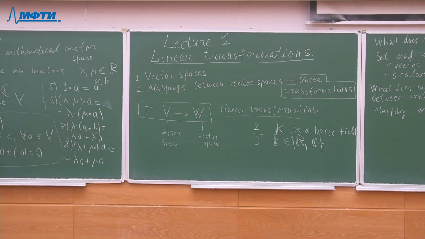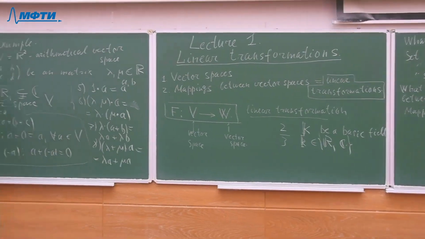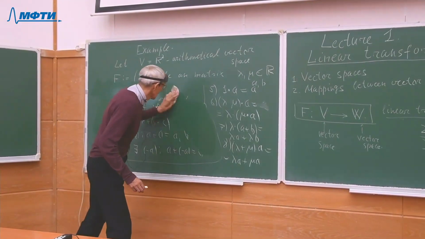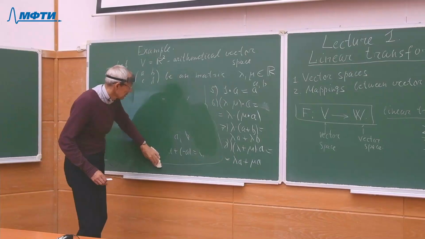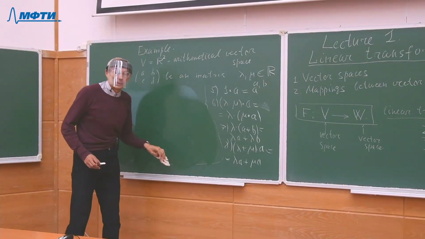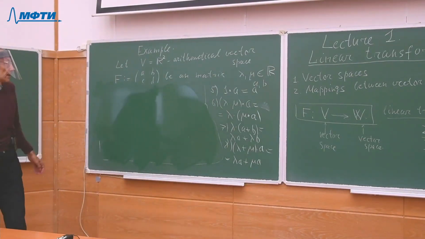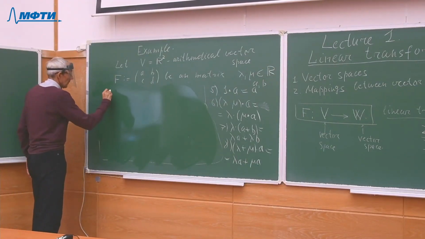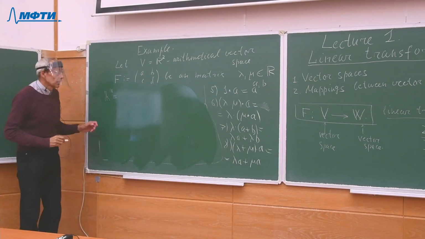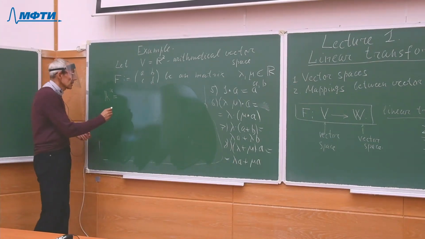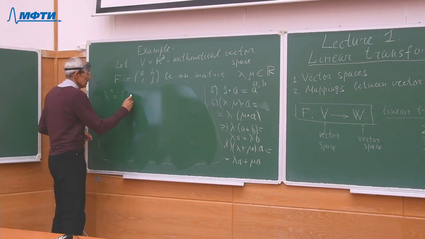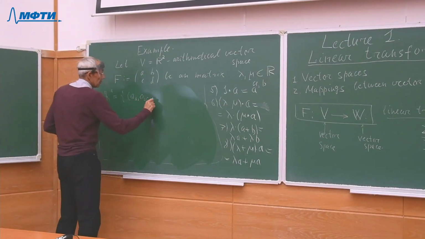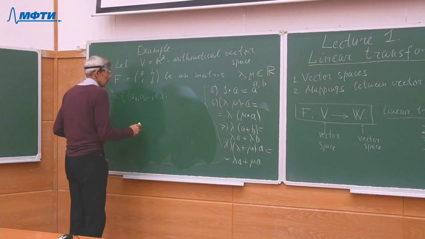And the second example of a vector space, the so-called arithmetical vector space. The element of this vector space is an n-tuple a1, a2, ..., an.